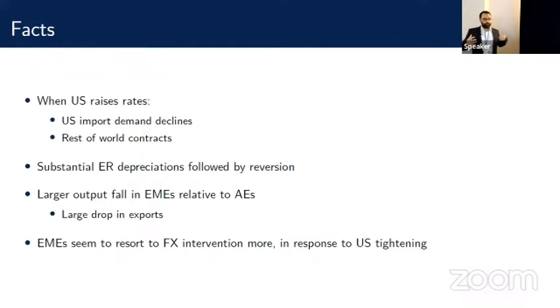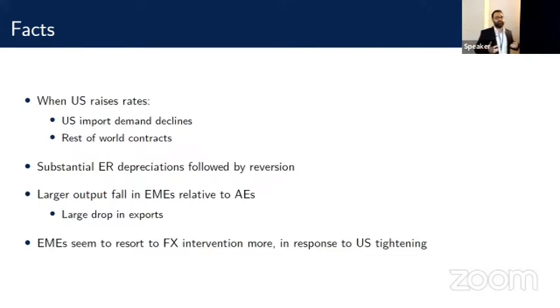Facts. When the US raises interest rates, we see a clear decline in imports, and we see a clear contraction of the rest of the world. We see substantial exchange rate depreciation followed by a reversion. And we see a large output fall in EMEs compared to advanced economies.